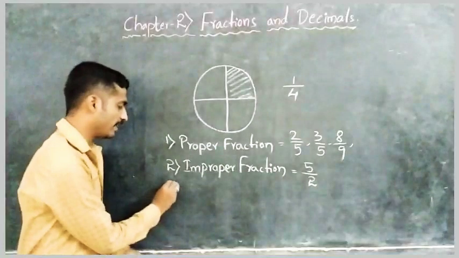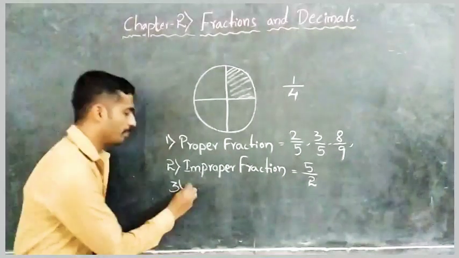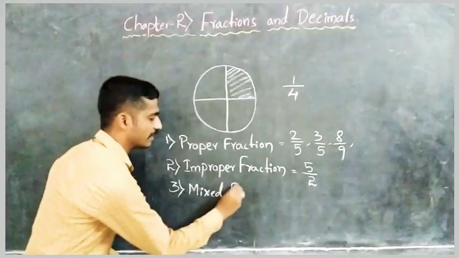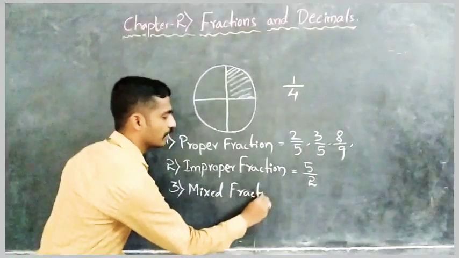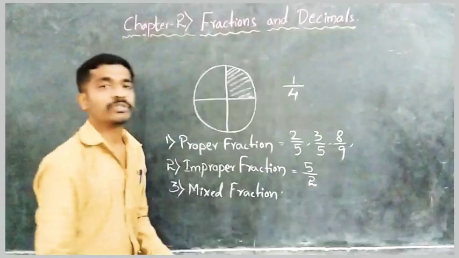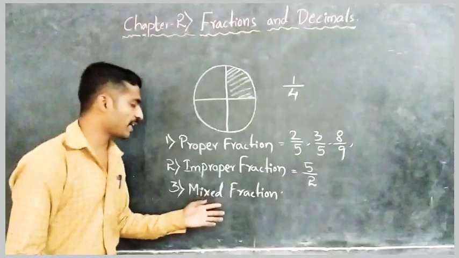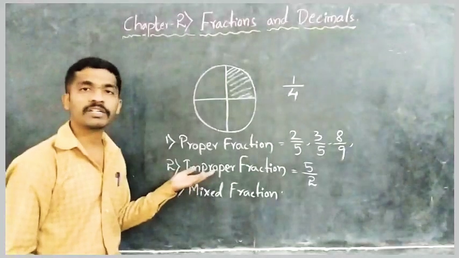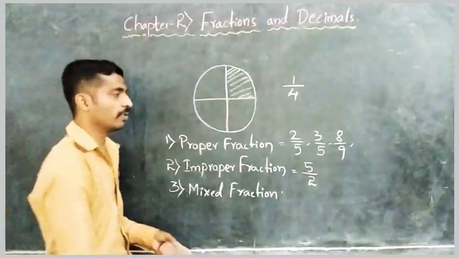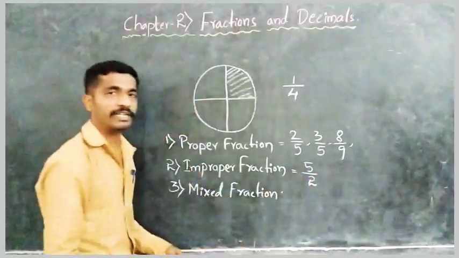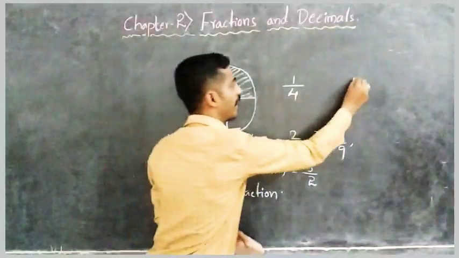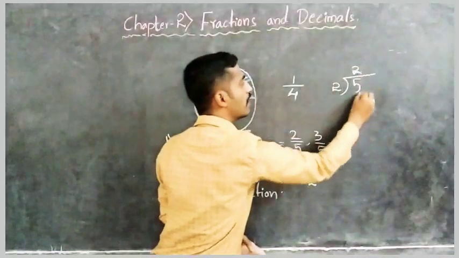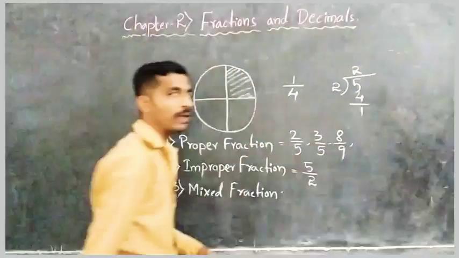Next we get the mixed fraction. So what is a mixed fraction? A mixed fraction is nothing but the conversion of the improper fraction. How? See here, 5 by 2 is there. If you divide 5 by 2, 2 2s are 4, remainder is 1.